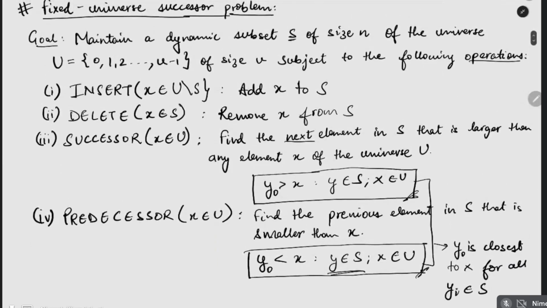Yes. So this is the definition of the dynamic subset that we use for a universe set. And the primary problem is to basically make these algorithms faster.